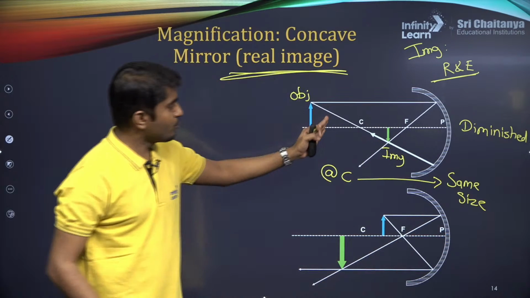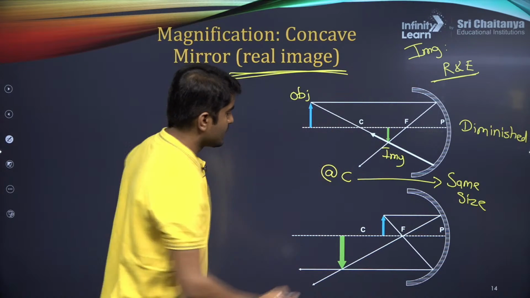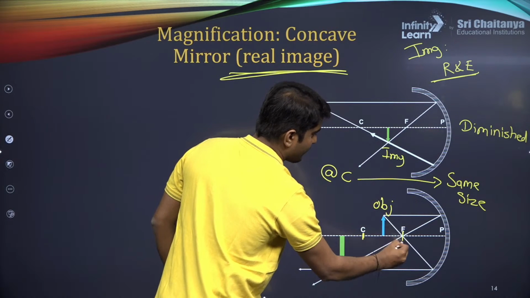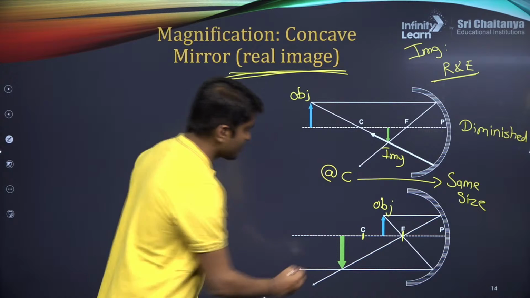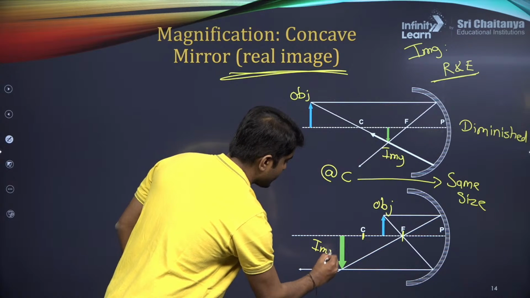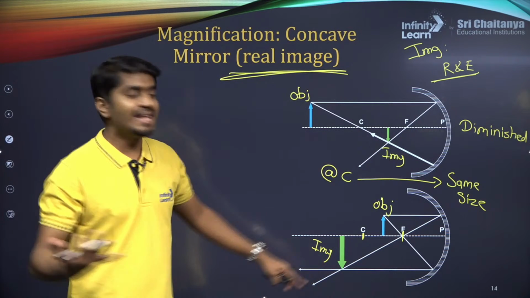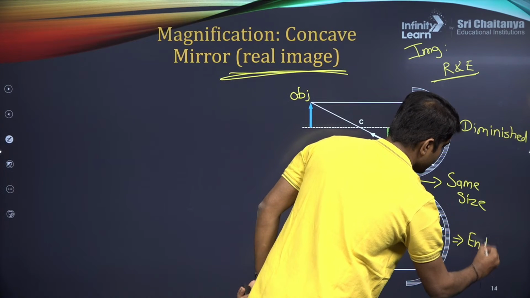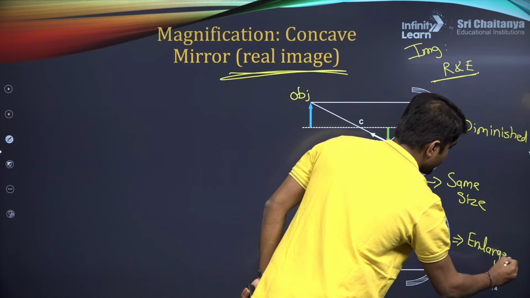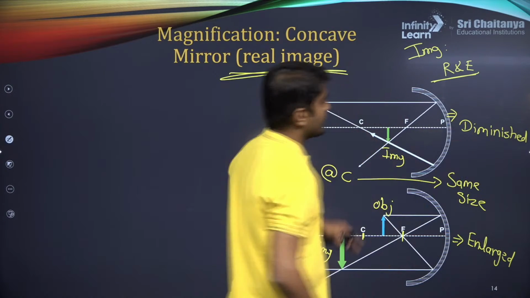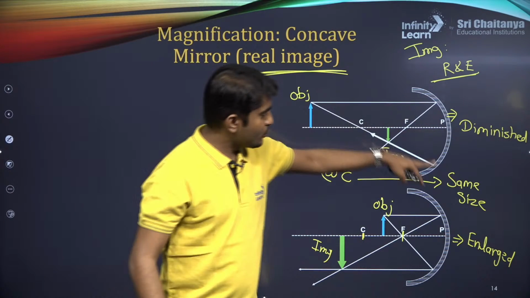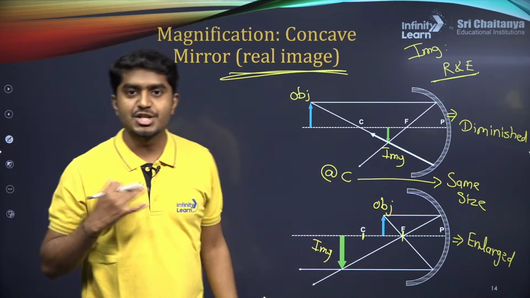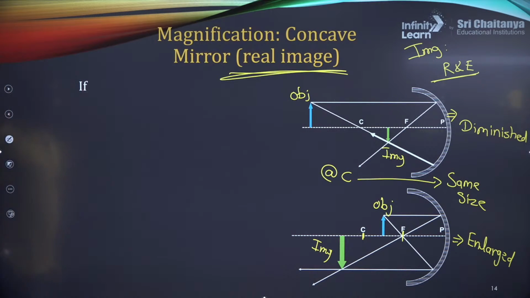And now, if you bring the object even closer, so this object is between the center of curvature and the focus, in that case you will get an enlarged image. So there are three types of image you get. You can get a diminished image, you can get an image which is the same size, and you can get an image which is enlarged.